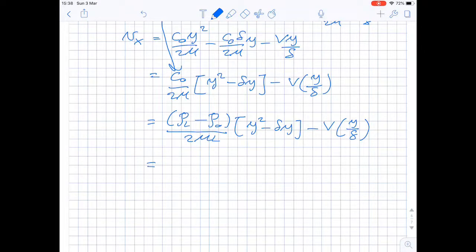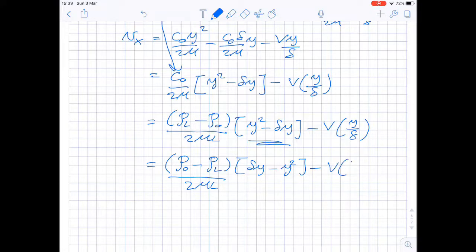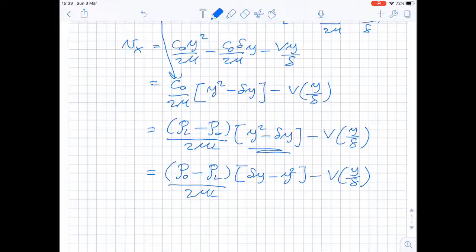To make it the same as what we did previously with shear balance, I'm going to take P0 first, and therefore I have to shuffle these two terms to get delta y subtracted by y squared. Then everything else should be the same. Alright? That's your velocity profile.